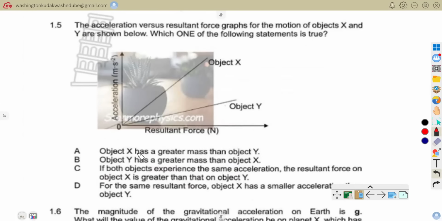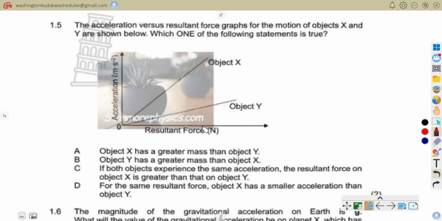Statement 1 is saying object X has a greater mass than Y. Object Y has a greater mass than X. If objects experience the same acceleration, the resultant force on object X is greater than the one on object Y. For the same resultant force, object X has a smaller acceleration.